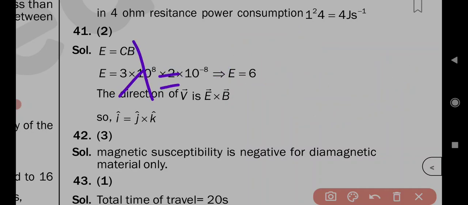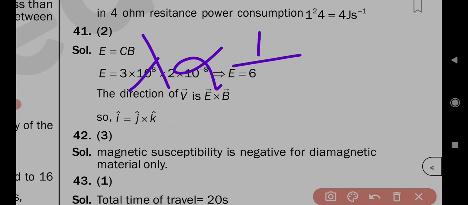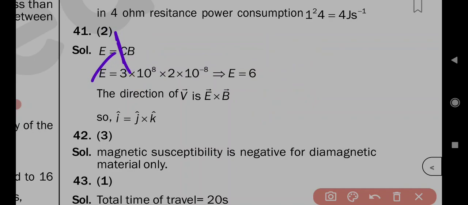So lambda is h by root 2mK. So I can say that lambda is inversely proportional to the root of kinetic energy, because in the question they are relating these two. So lambda initially is lambda only, and finally it is 16 lambda.